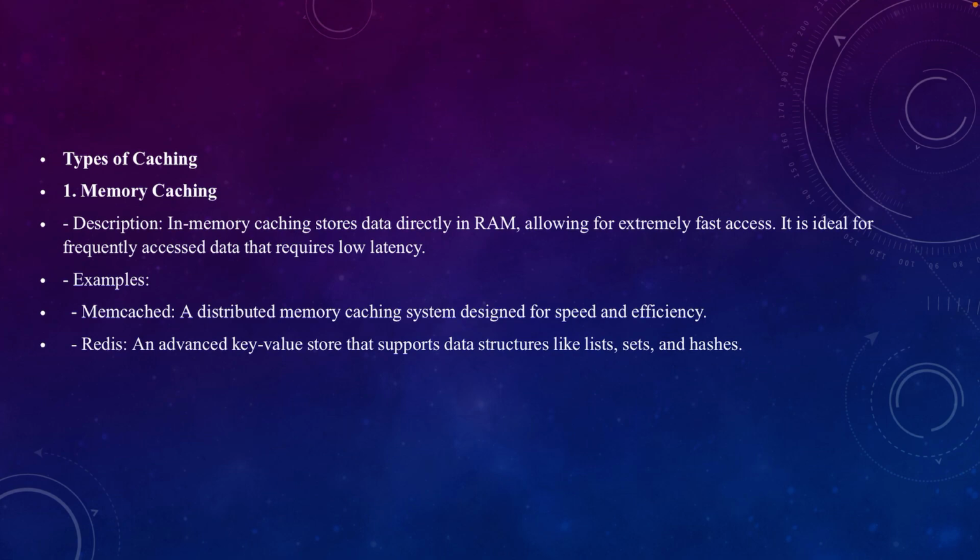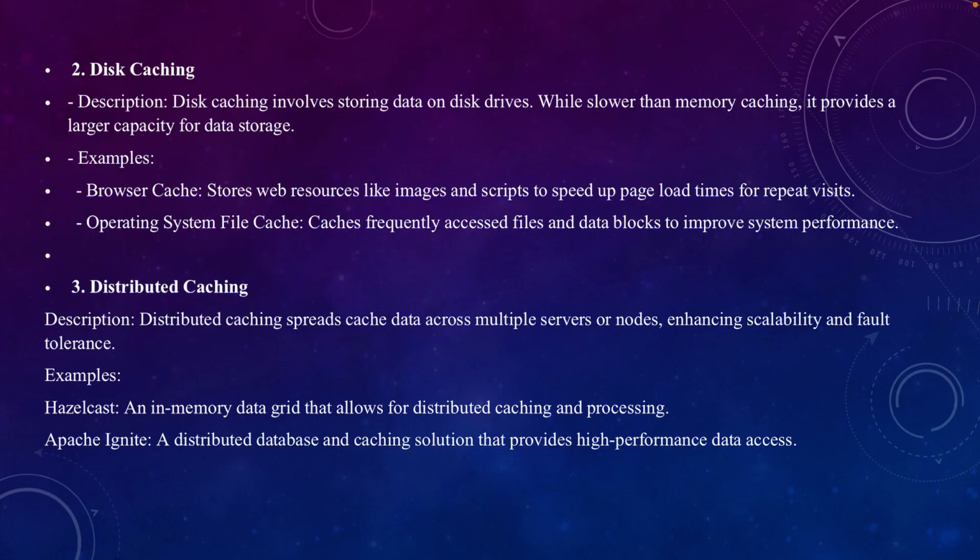And we move to disk caching, which is slower. Disk caching involves storing data on a disk drive. While slower than memory caching, it provides a large capacity for data storage, like the hard drive.